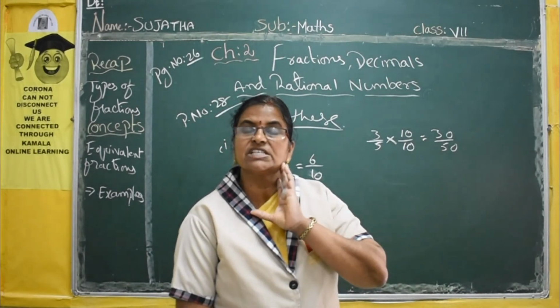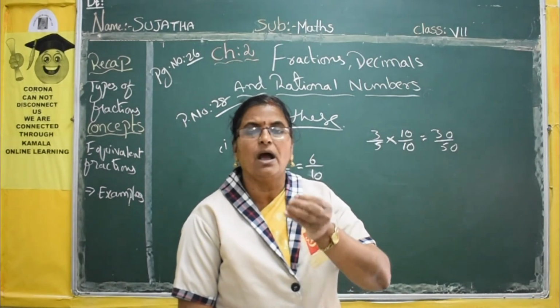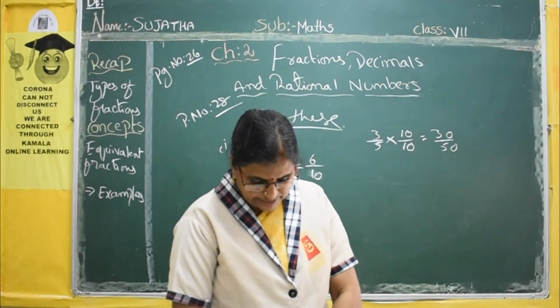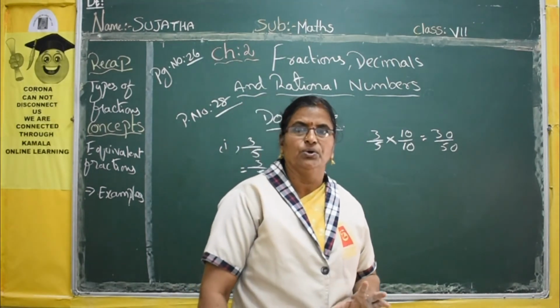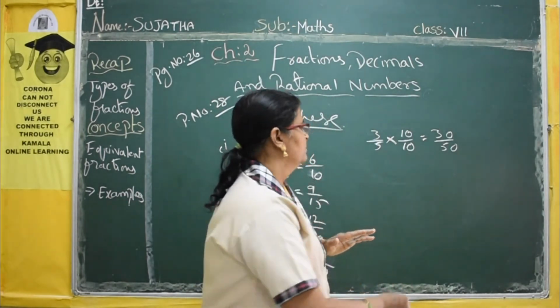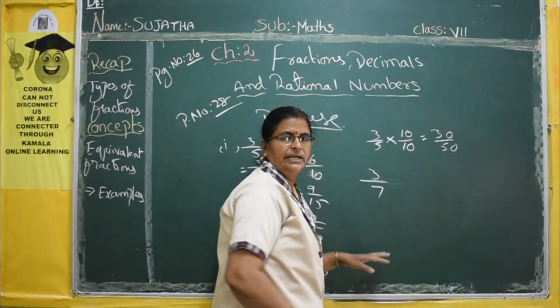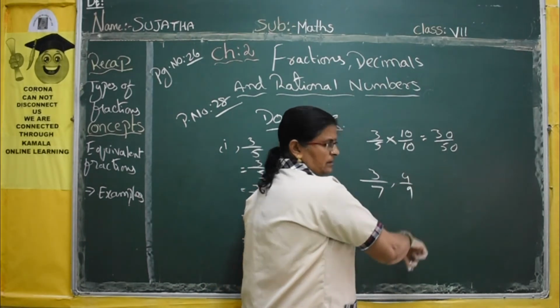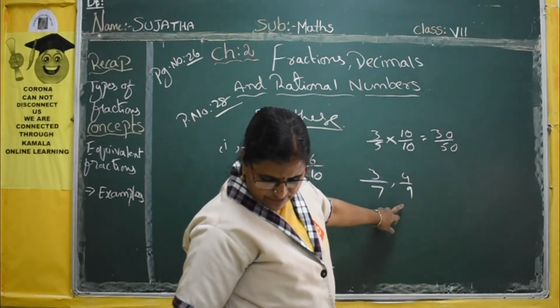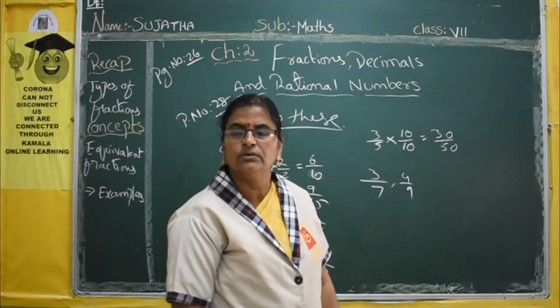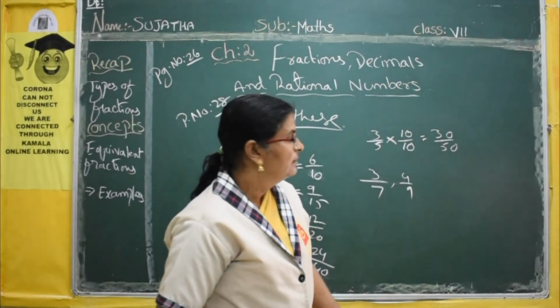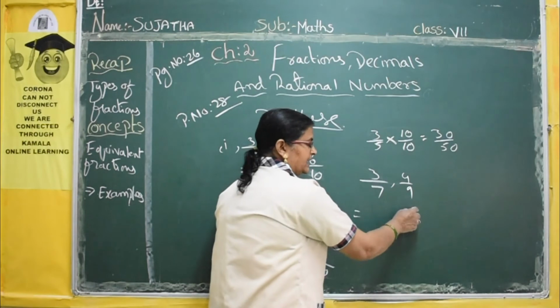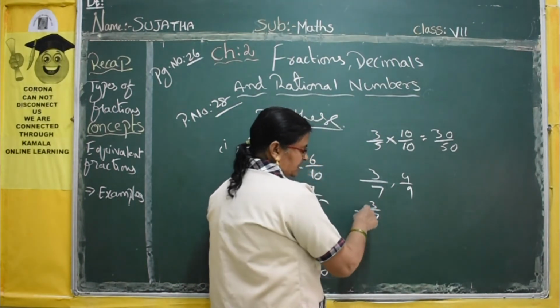So, which girl completed more, or how much part she completed? So what do you have to do? First, you have to equalize the denominators of 3/7 and 4/9. You can do it like this.